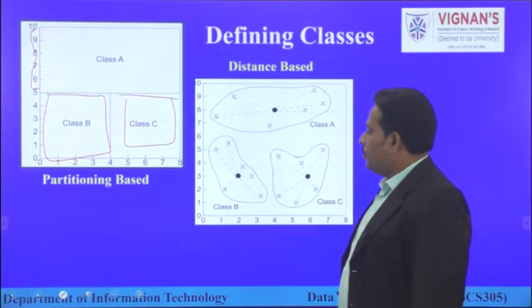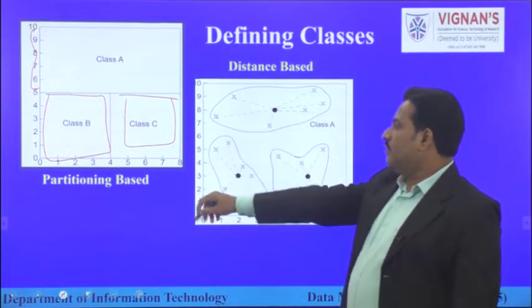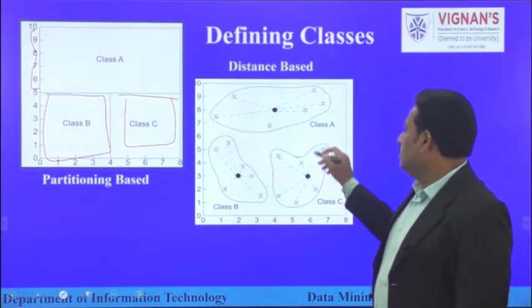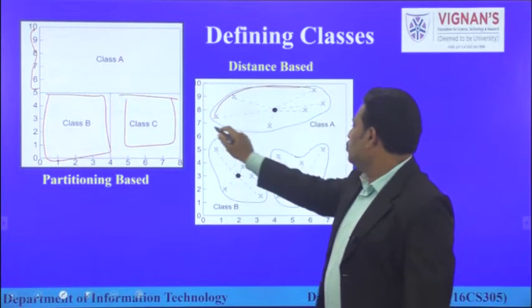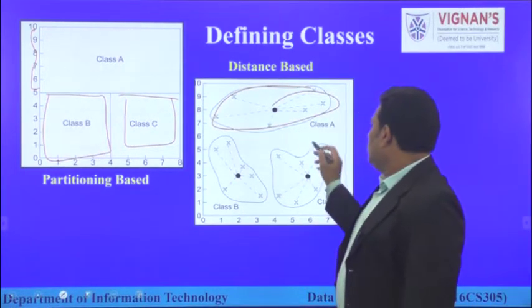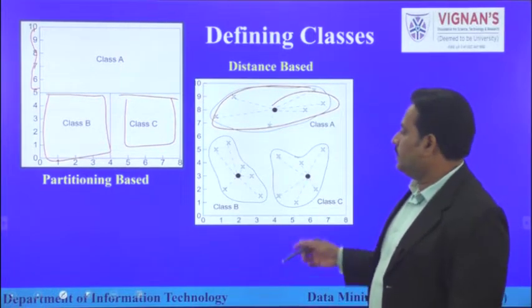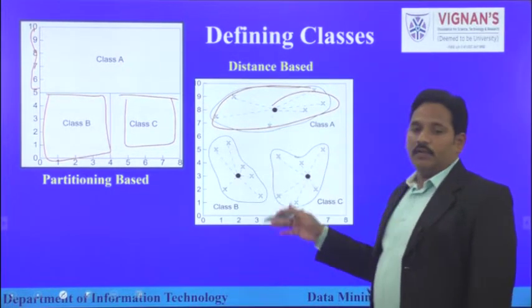And there is one more approach here. In the first case, we divided the data into partitions. But here we are not dividing, we are forming groups. If you look carefully here, this is group 1, or you can say class A. This is class B and class C. Now what is the difference? In partitioning, we can take any one parameter to divide the data.